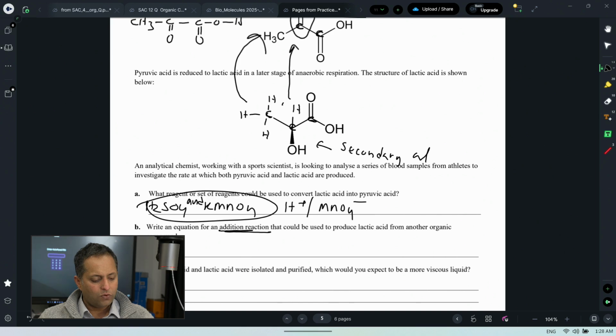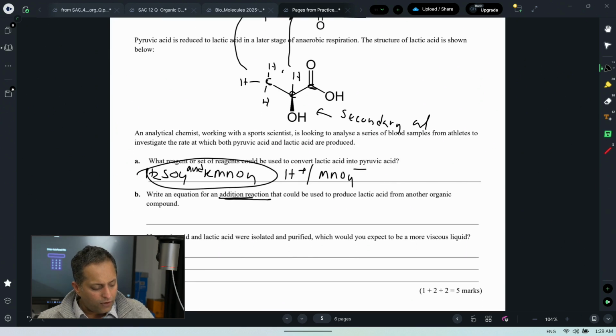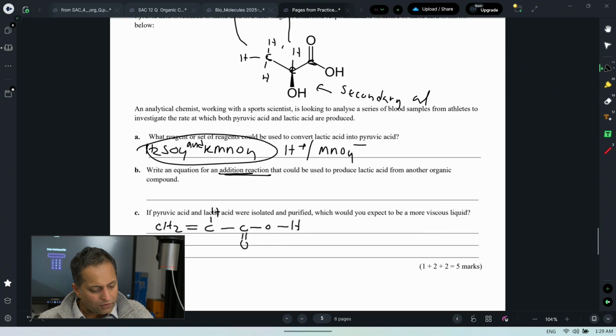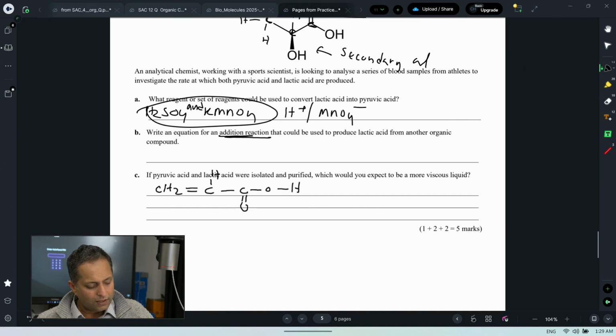You can easily add water here. So if you had something like CH2 double bond CH and COOH, that's the molecule. Then you can add water to this one, and then you can simply make that molecule. So look what will happen when you add H2O.